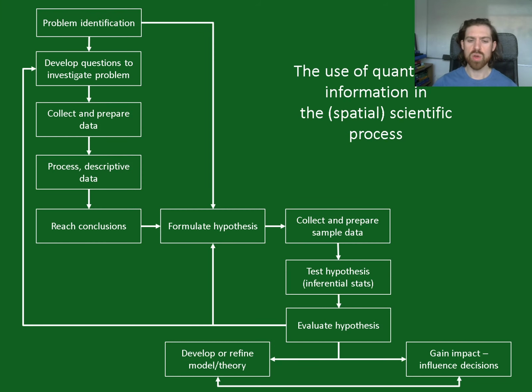So where are we? Well, we covered in the first unit of the course the basic descriptive statistics, which covered this left-hand part of this spatial scientific process diagram, which I've presented to you already this term.